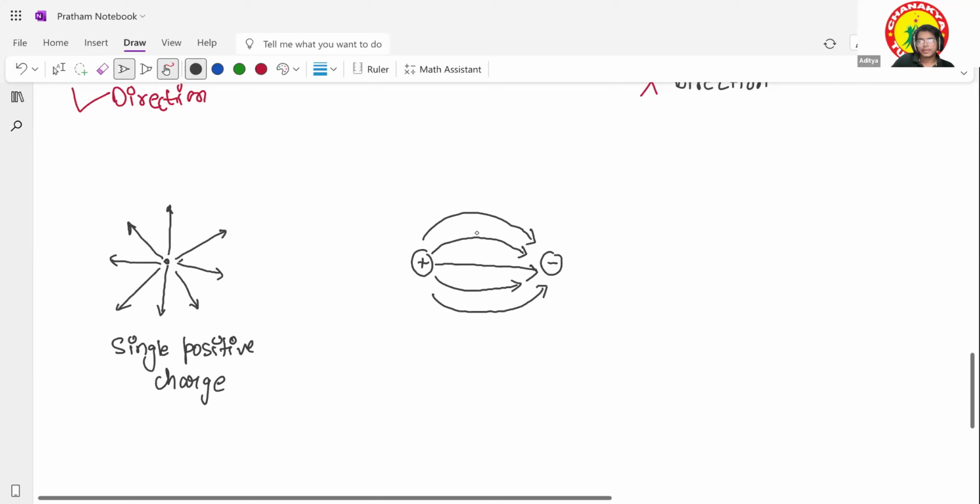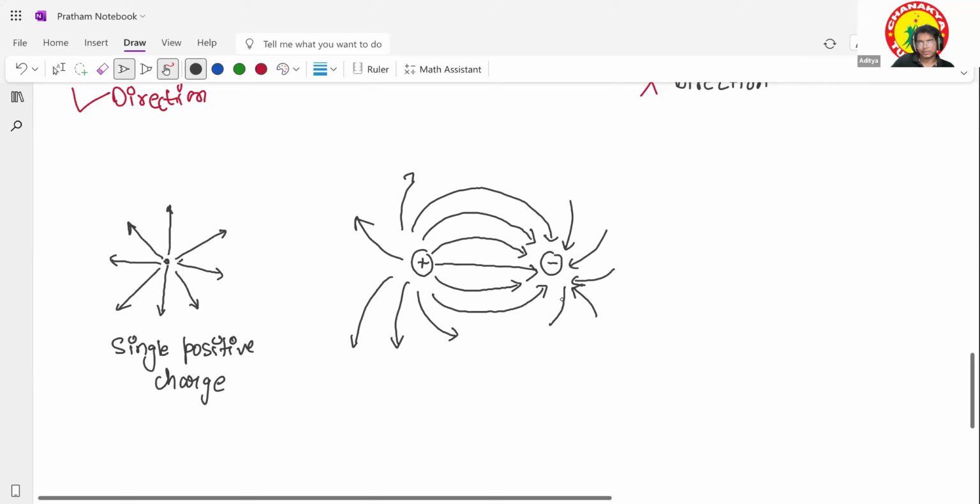These kinds of electric field you are supposed to observe. Okay, clear?